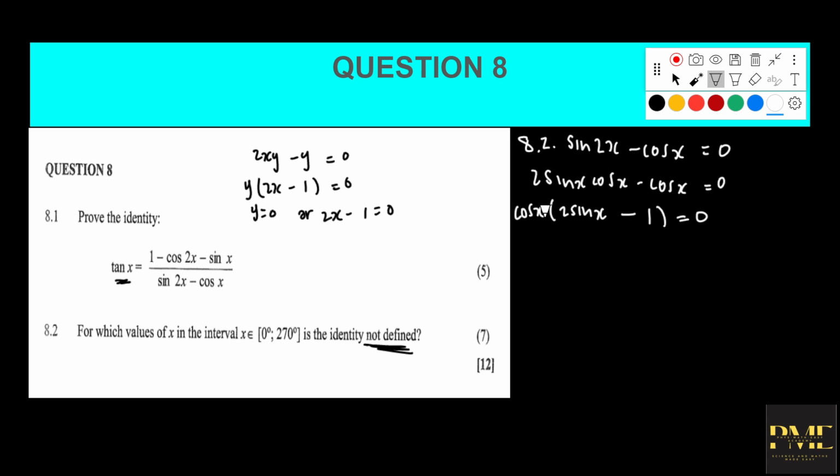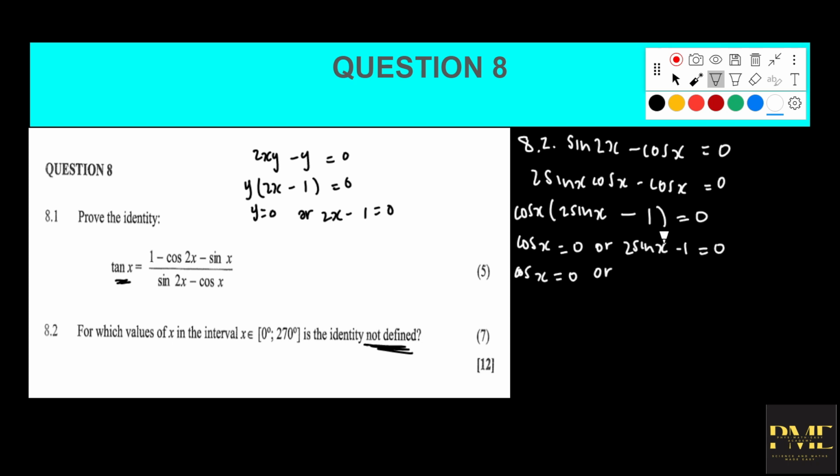Okay, then from here you take each factor and equate it to 0. So we have cos x equal to 0, or 2 sin x minus 1 equal to 0. Then on the other side, still we say cos x is equal to 0, or, and then on this side what you're going to do is solve for sin x, or make sin x the subject of the formula.